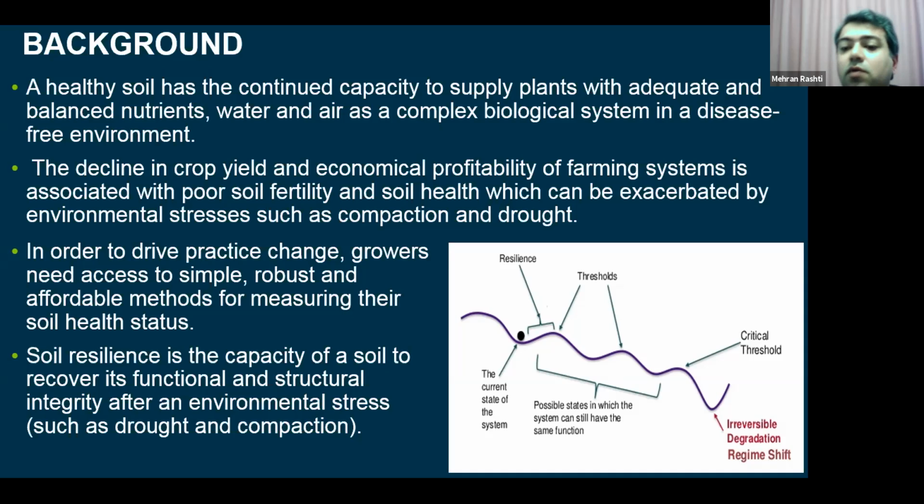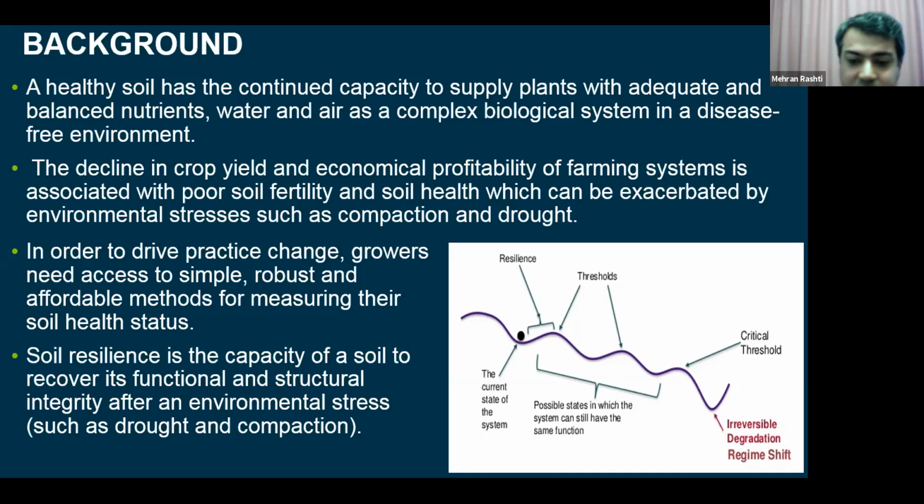You want to know how fast and how much of the basic and essential properties of your soil will come back to its normal condition, and eventually how it will affect your yield.